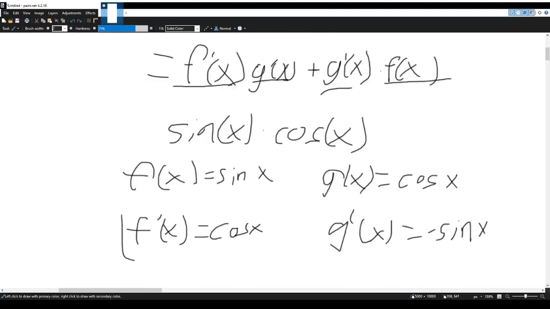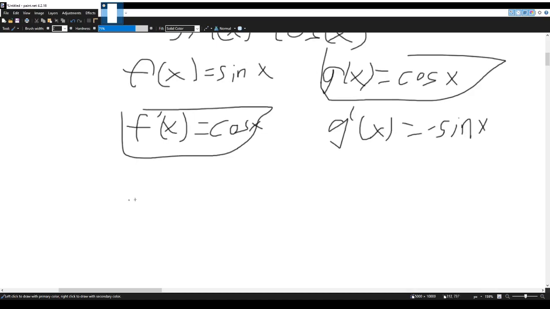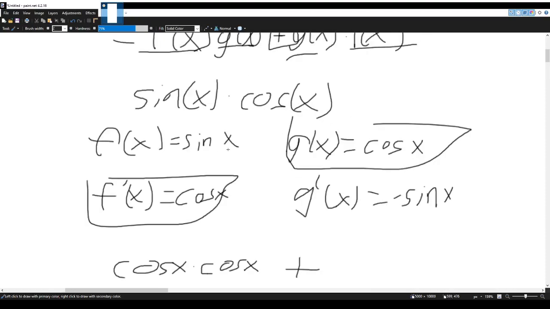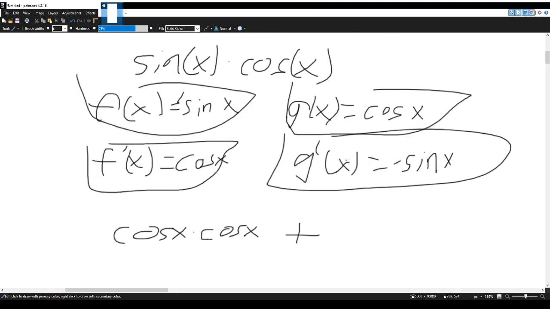So we can just do this times this. So cosine x times cosine x plus this times this, right? Which would be sine x times negative sine x.